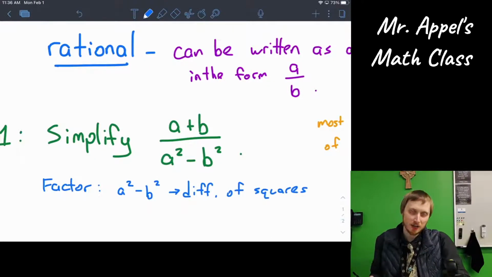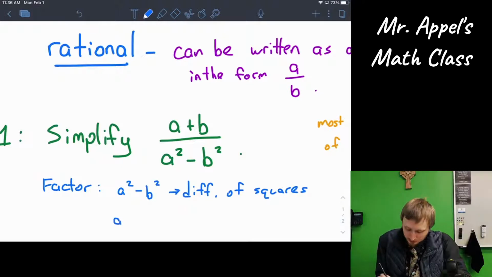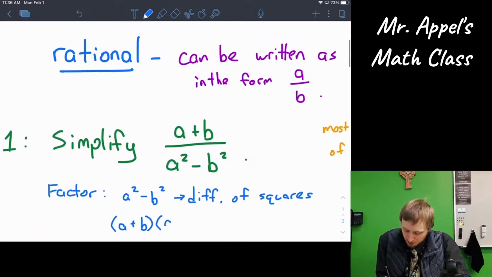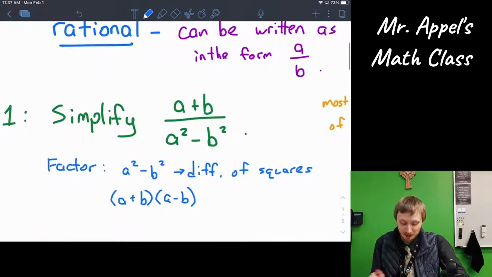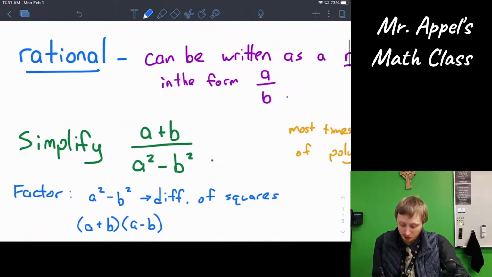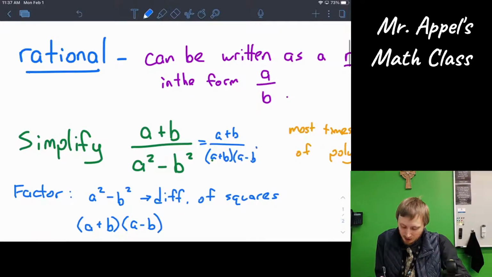Which means it factors into the square root of one, the square root of the other, the sum and difference of the two. So one version is a plus b, one version is a minus b. Which means our version, now this is a plus b up top over a plus b times a minus b.